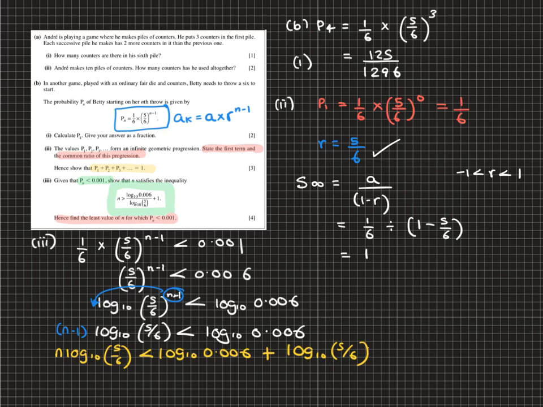We then simply divide by log base 10 of 5/6, but this is less than 1, which means that the inequality sign will have to reverse. We'll finish off the answer up over here. So that tells us that n is greater than log to the base 10 of 0.006 over log to the base 10 of 5/6. And of course, if you divide log to the base 10, 5/6 by itself, you have your plus 1 there.